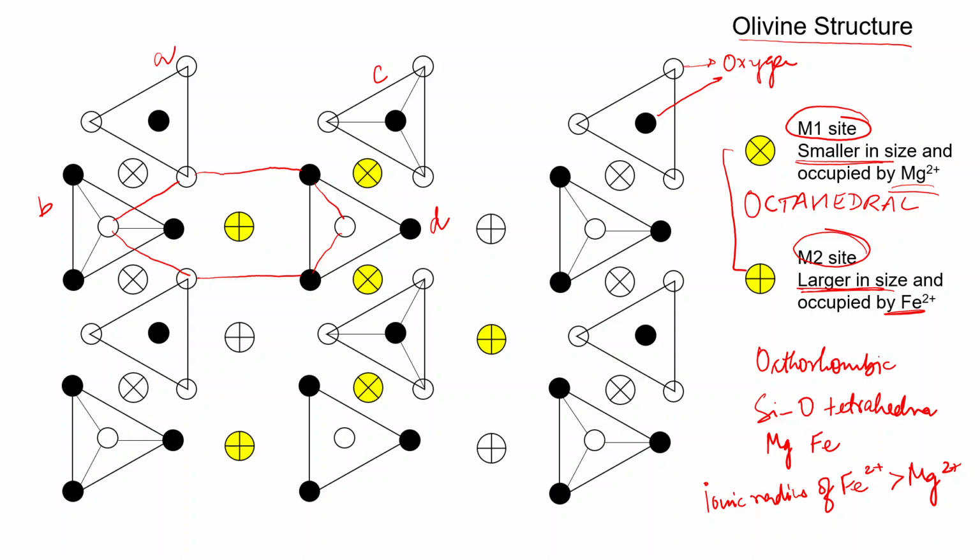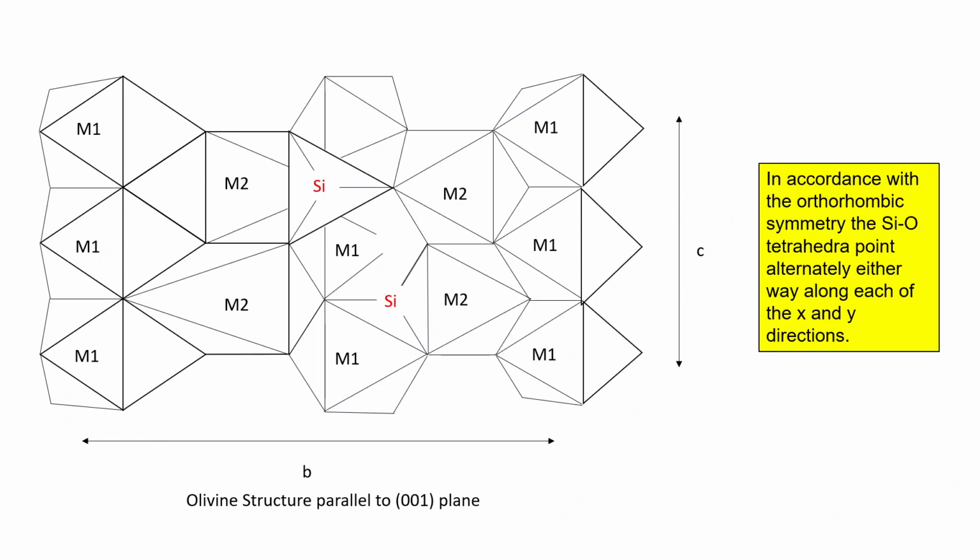Okay, so this is the reason that M2 sites are larger than the M1 site, because they get more space to be formed. Now let us look at the larger picture of the olivine structure parallel to 001 plane.